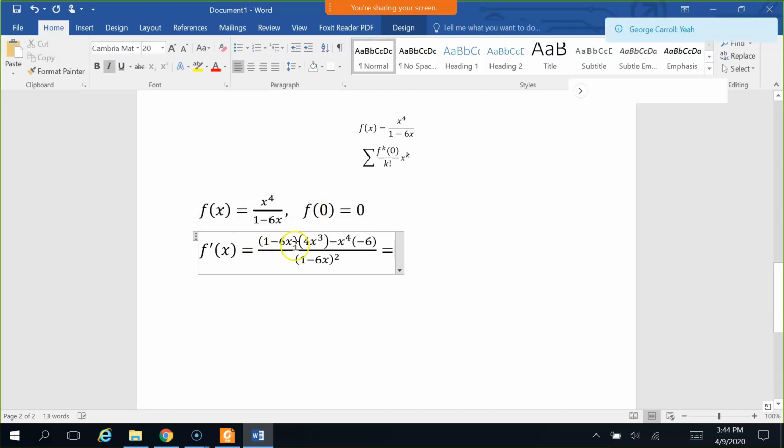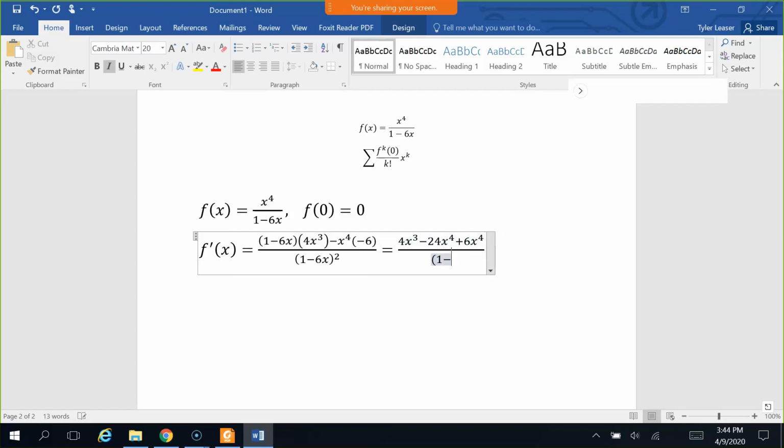And then just to simplify this down a little bit, multiplying it all together, we still get a fraction, 4x cubed minus 20x to the 24, sorry, x to the fourth plus 6x to the fourth, all divided by some stuff down here.